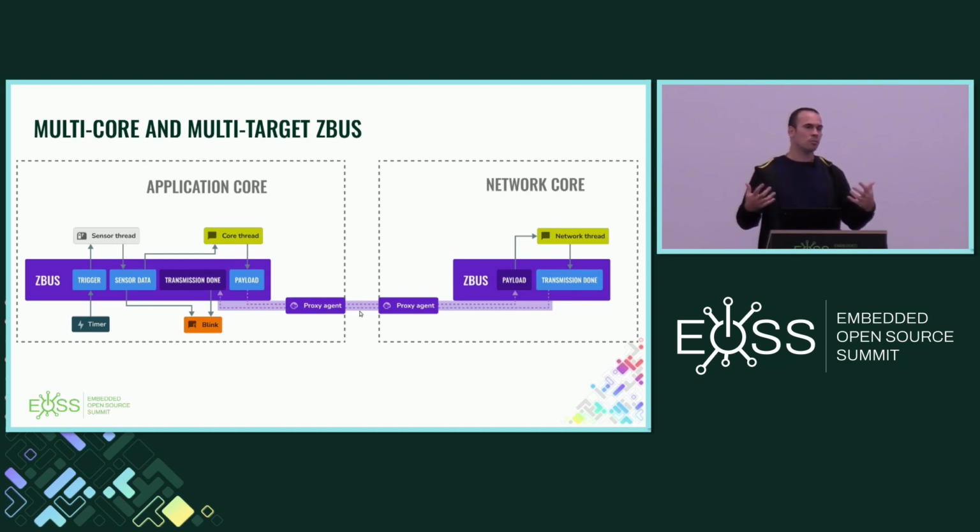They know how to talk, but you just need to change the medium, and you can go from multi-core to multi-target, which is really good. When you are thinking of, for example, embedded and host, you could have a ZBus on the host talking to a ZBus on the embedded device through a UART, for example, which is really good for simulation, for testing, and so forth. Okay.